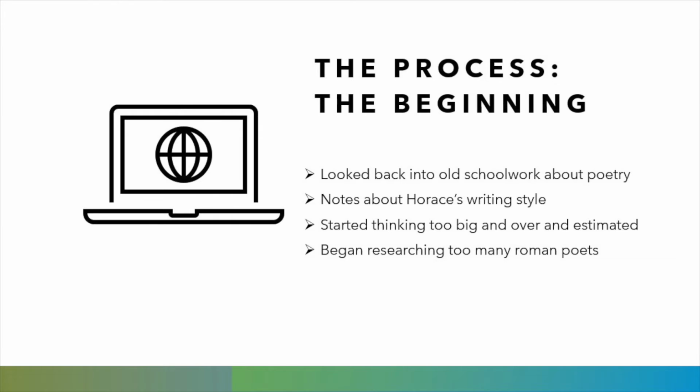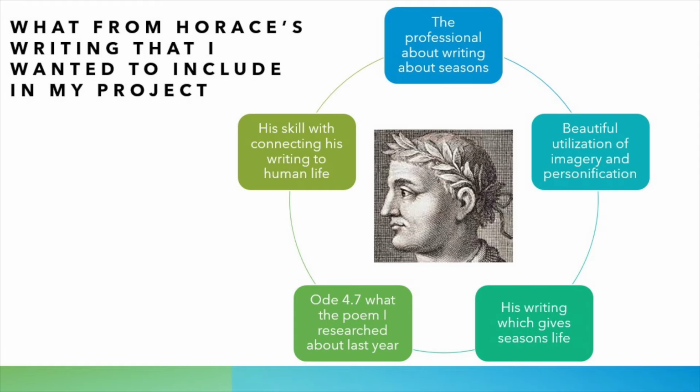So basically what I'm doing is based on Horace. This is Horace, and you probably know Horace not by his name, but by the phrase carpe diem, which is from one of his odes. And he is really the master at writing about seasons, which is what I really liked. An ode that I researched last year was ode 4.7, and it was basically about seasons and relating them to human life, but it wasn't just about seasons and life separately.